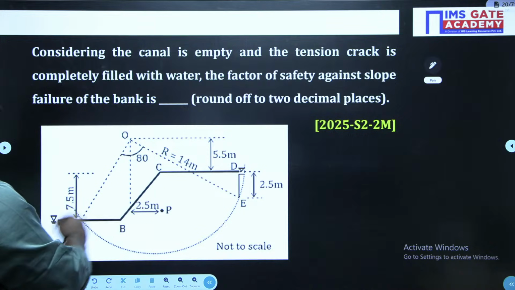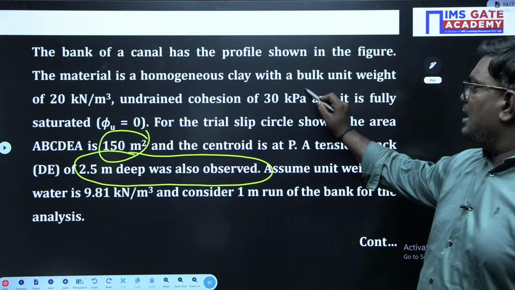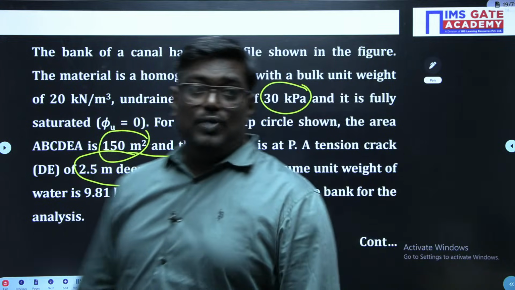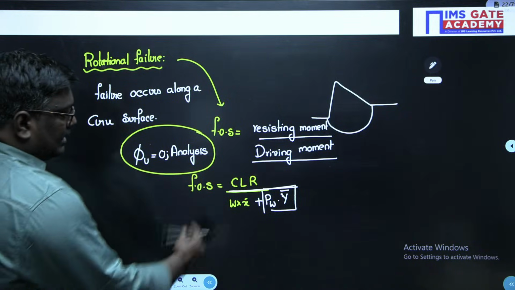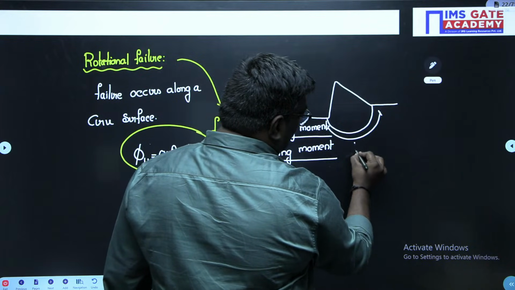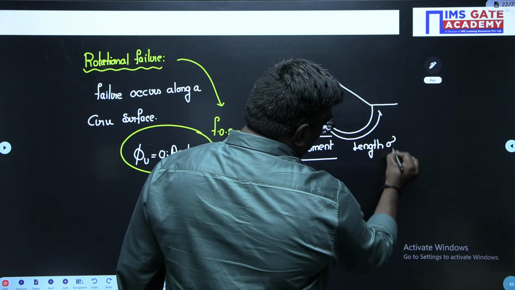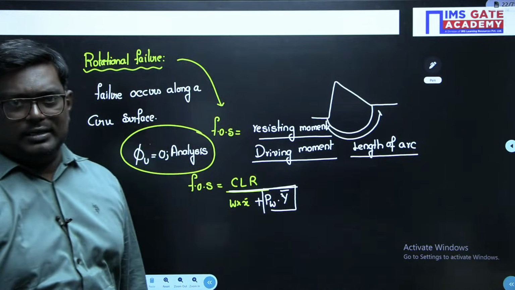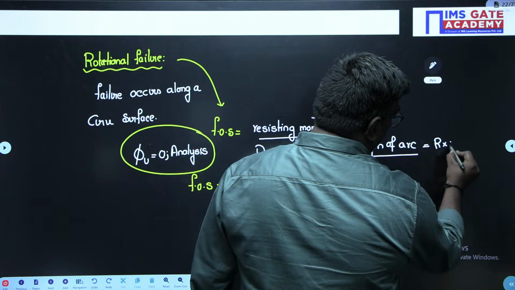Now, my dear students, in this question, what is the cohesion value? Here the undrained cohesion is given as 30 kilopascal. Here they give you the length of the arc. You might be aware of the formula: length of an arc is given by r into theta.